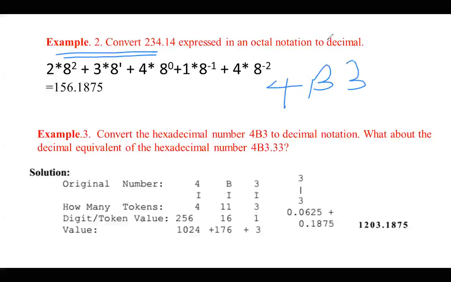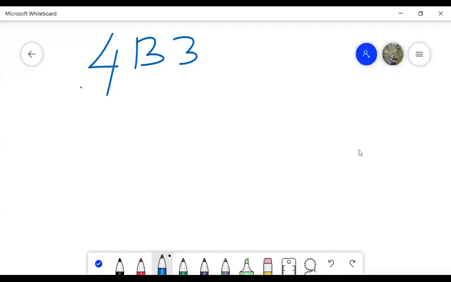Convert the following number to decimal notation, 4B3. Now let us see how we can solve. Let us convert 4B3 to binary. What is 4 in binary? 4 in hexadecimal will be equal to 0100 in binary.